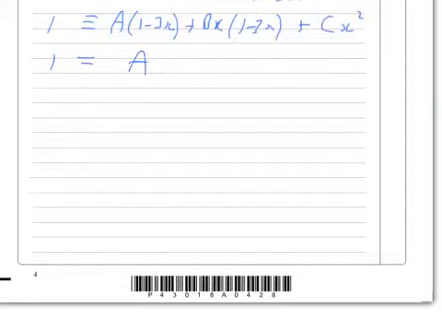The reason for choosing x is 0 is that it makes the B bit disappear and the C bit disappear, so A equals 1. Now, if x is 1/3, chosen to make this bracket 0, we get 1 equals nothing to do with A, nothing to do with B, 1/9 of C, so C equals 9.